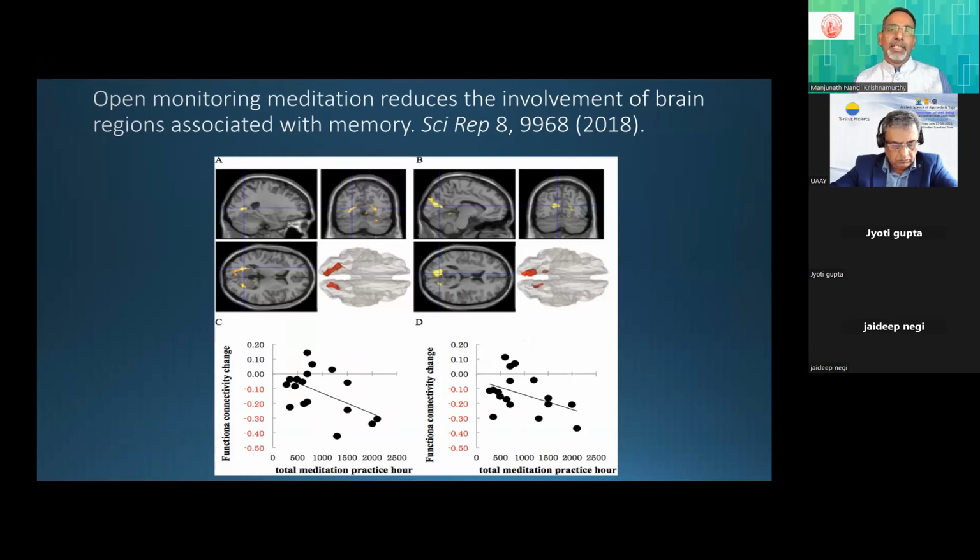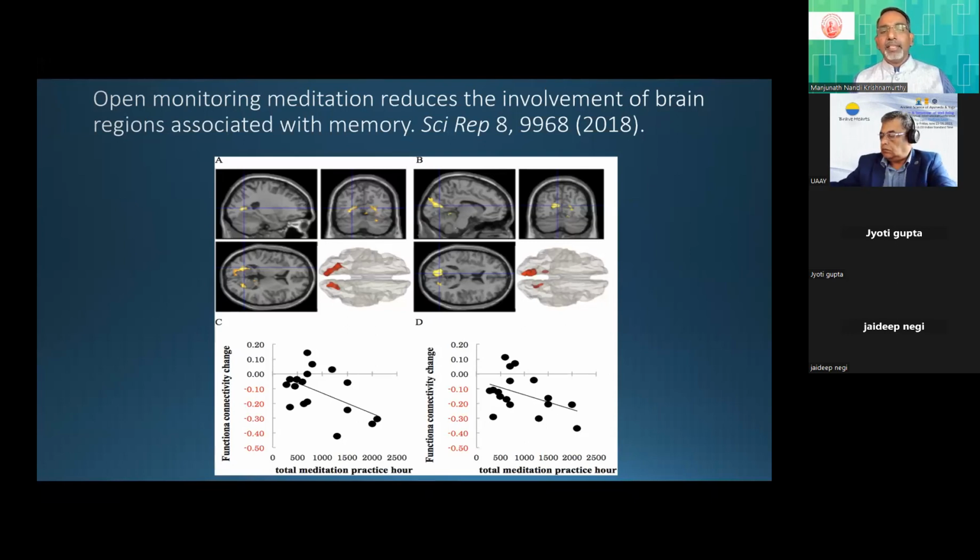Another interesting study looked at open monitoring type of meditation, which suggested that when you do this practice, it can influence the part of the brain which regulates memory and attentional processes. These are some of the functional MRI-based studies which demonstrate where exactly the blood flow changes happen when you are doing this practice.